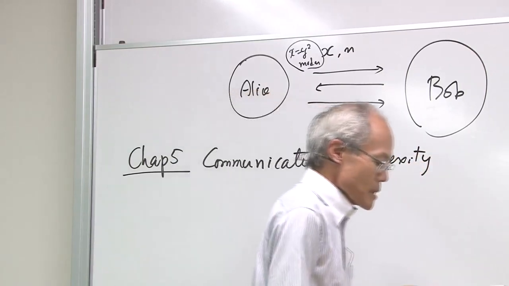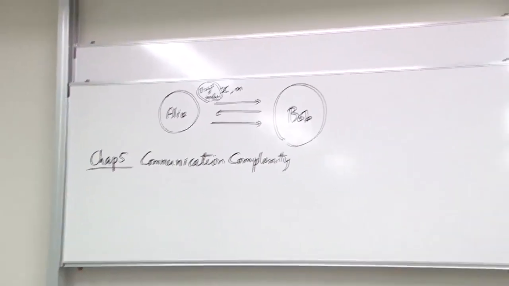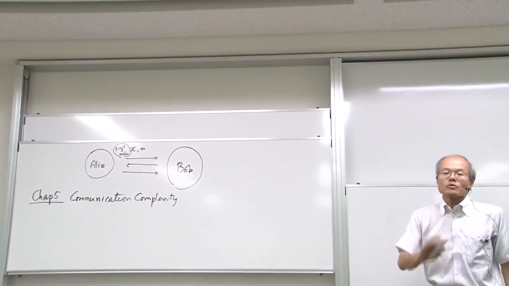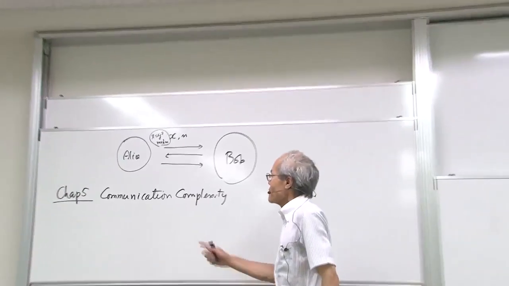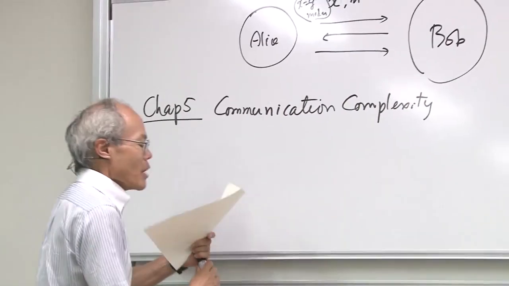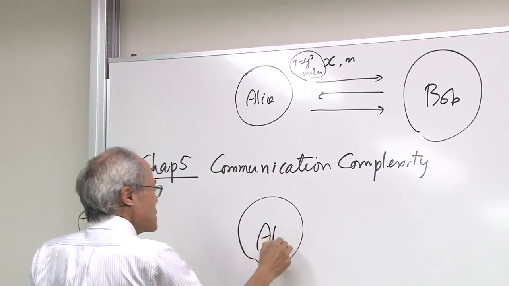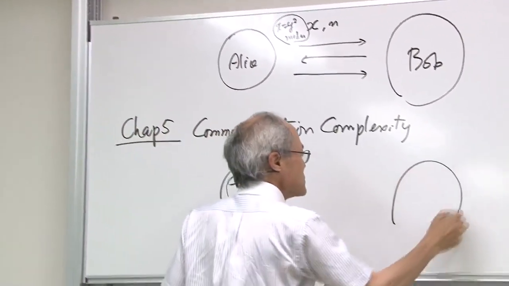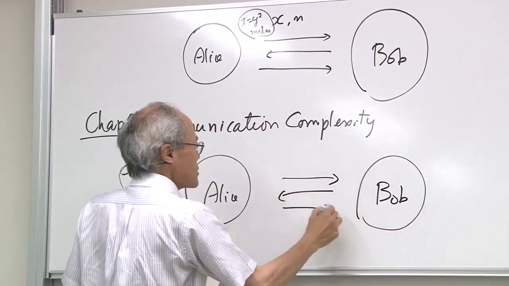Today the topic is still communication, but today's problem is more directly related to communication. So our chapter 5 is communication complexity. Our model is the same. We have two parties, Alice and Bob, and some communication protocol.